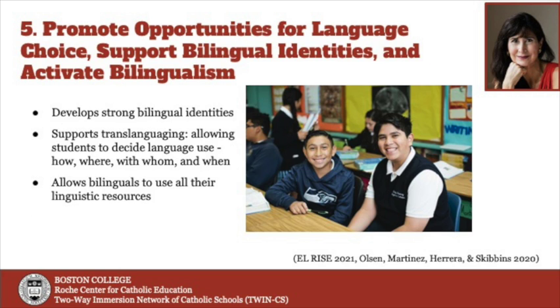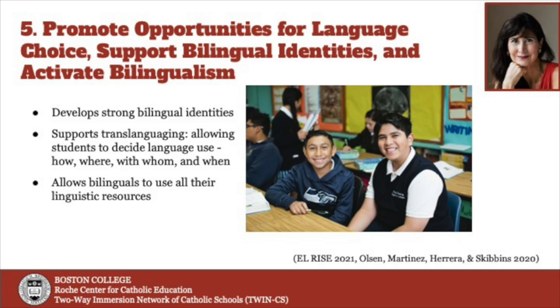Our fifth principle is to promote opportunities for language choice, support bilingual identities, and active bilingualism. This is connected to sociocultural competence, and the foundation of all this is identity affirmation, which we spoke about in our first course. So this develops strong bilingual identities, and this has been connected to academic success.